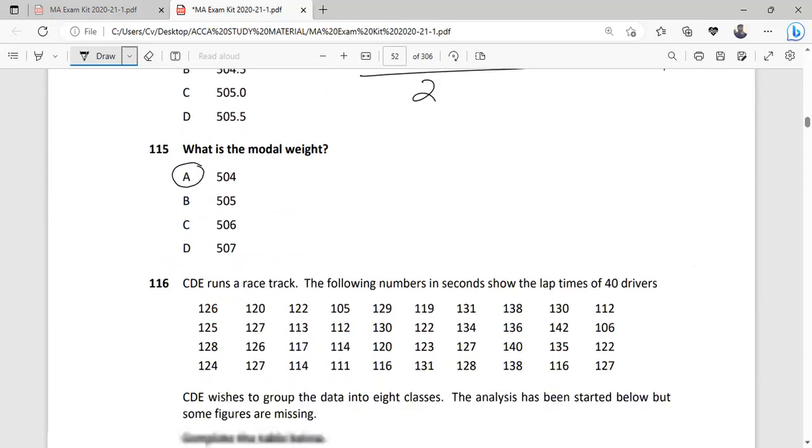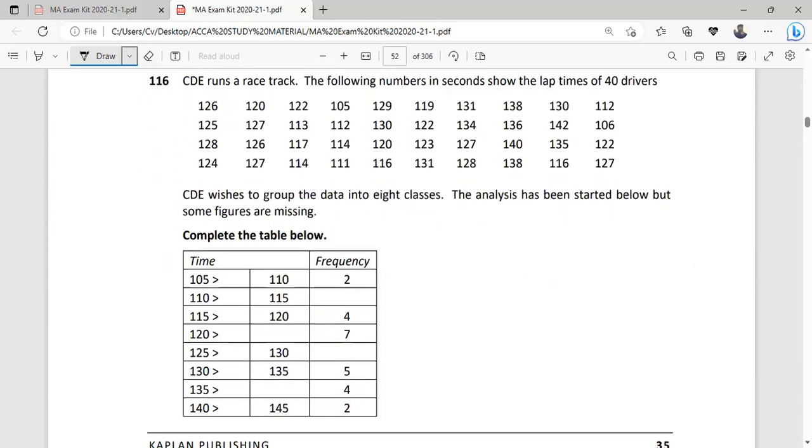Then CDE runs a racetrack. The following numbers in seconds show the lap times of 40 drivers. CDE wishes to group the data into 8 classes. Their analysis has been started below, but some figures are missing. 105 to 110 frequencies, then 110 to 115 frequency.